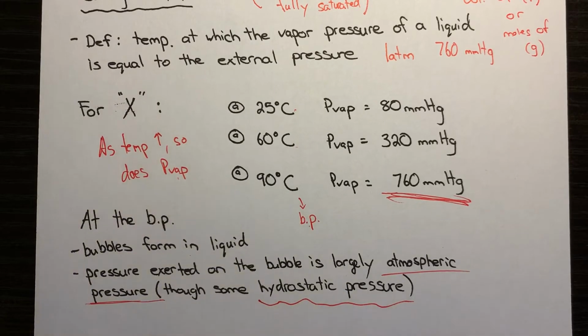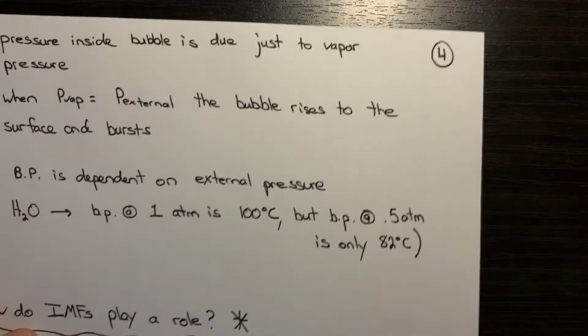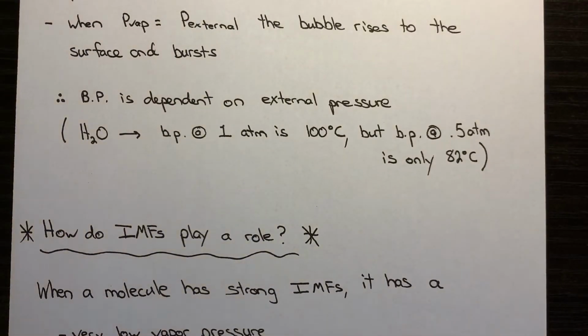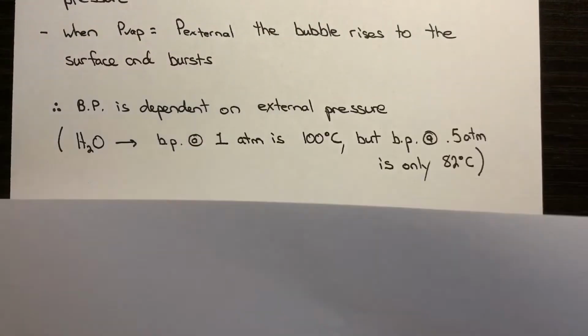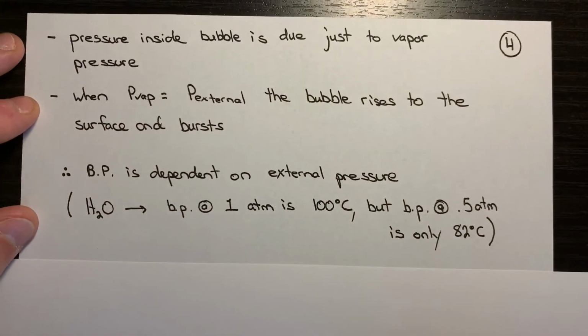Okay, so bubbles are starting to form. They're starting to be subjected to mostly external atmospheric pressure with a little bit of hydrostatic pressure. So again, we have that pressure inside of the bubble, and that's due just to the vapor pressure.